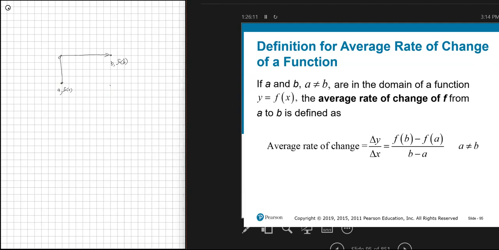So the y changes by f of b minus f of a, divided by b minus a. What does this remind you of? This distance here is f of b minus f of a, and this distance here is b minus a.